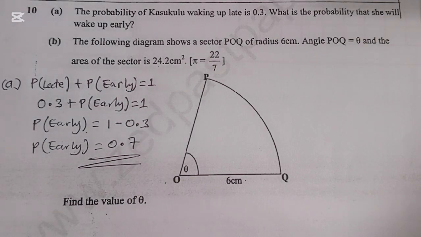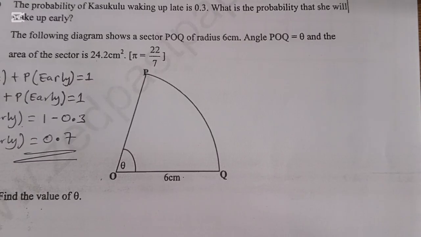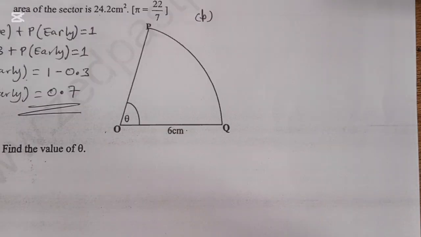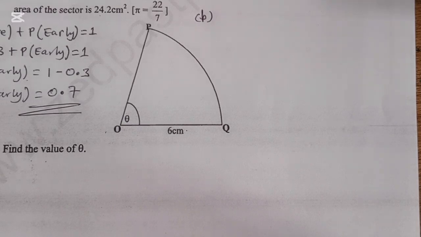So find the value of theta. In this question, what have we been given? We've been given area. So since area is given, we are going to use the formula for area of a sector to find theta, which is the angle. Area of a sector is given by this formula.